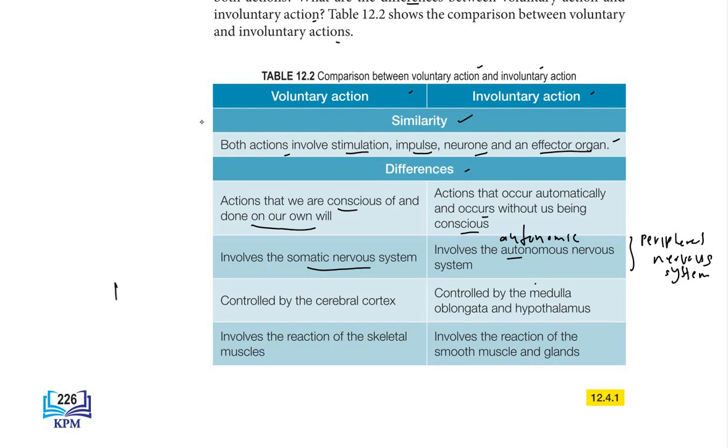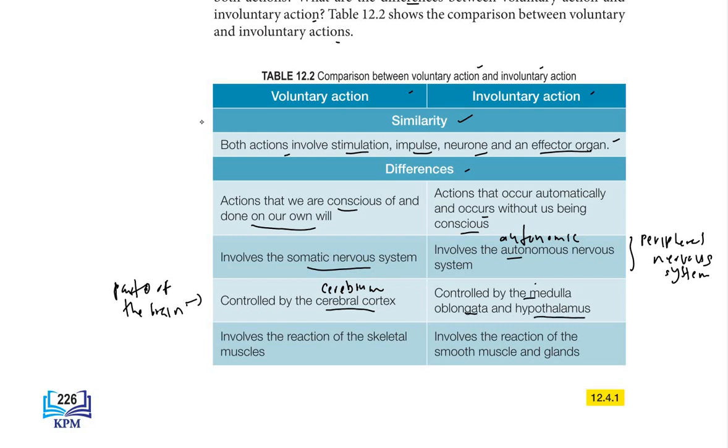Okay, then the part of the brain involved. For voluntary action, it is controlled by the cerebral cortex or cerebrum. But for involuntary action, it is controlled by the medulla oblongata and hypothalamus.